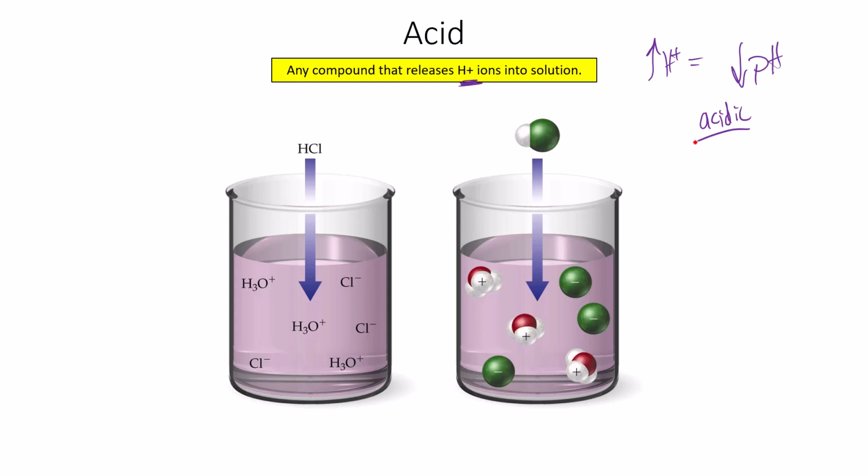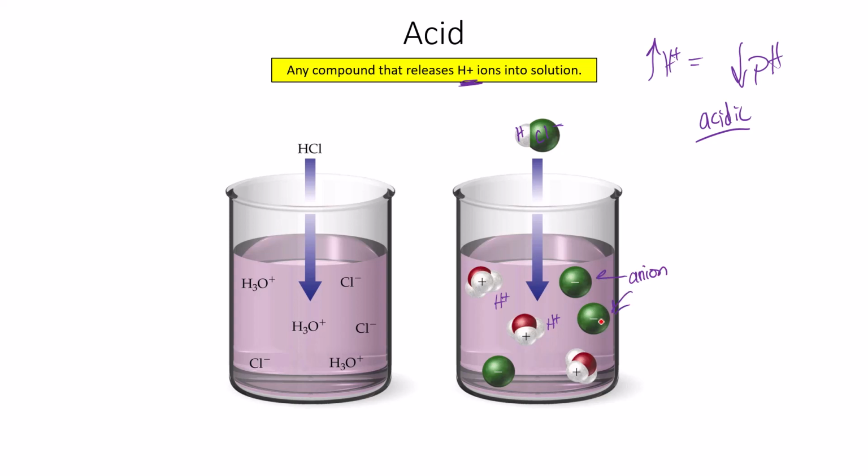So an example of an acid would be HCl, hydrochloric acid. HCl is a single hydrogen and a single chlorine. Chlorine and hydrogen bonded together make an HCl, and when you put HCl into a solution, they're going to break apart into individual H plus ions and the negative chlorine ion, which would again be the anion.